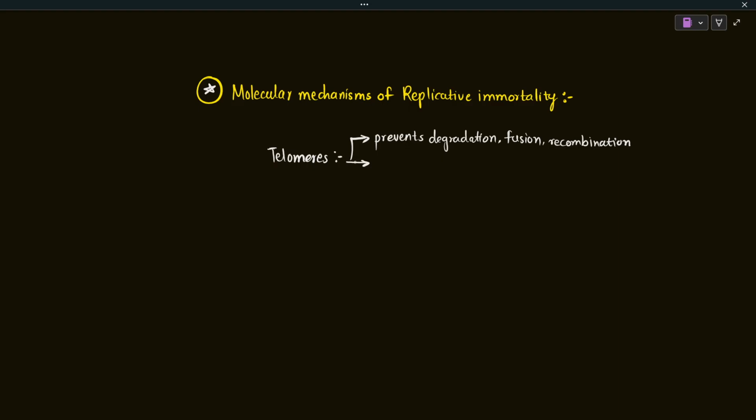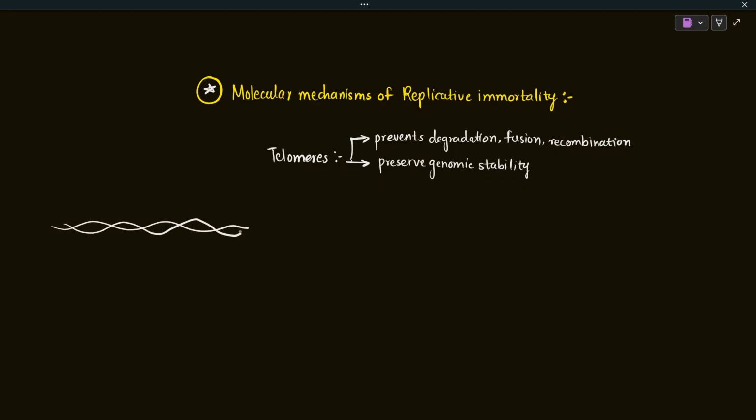Okay, chromosomal ends can fuse, and that fusion is also avoided with the help of telomeres. Telomeres also preserve genomic stability, which could be disrupted if the ends of the chromosomes were recognized as DNA double-stranded breaks, because DNA ends somewhere, right?